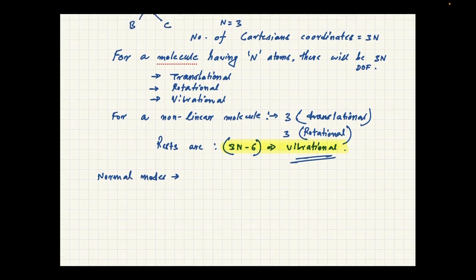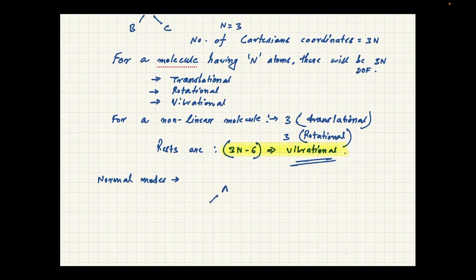Let's consider this molecule ABC, where these 3 atoms can move independently. Like it can go here or it can go there. The 3 atoms can move independently, but the overall center of mass of this molecule will be fixed at one point. That particular motion will be called the normal modes.